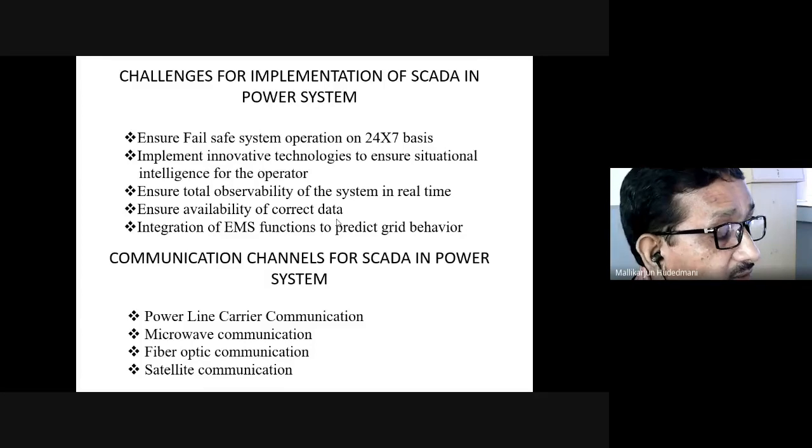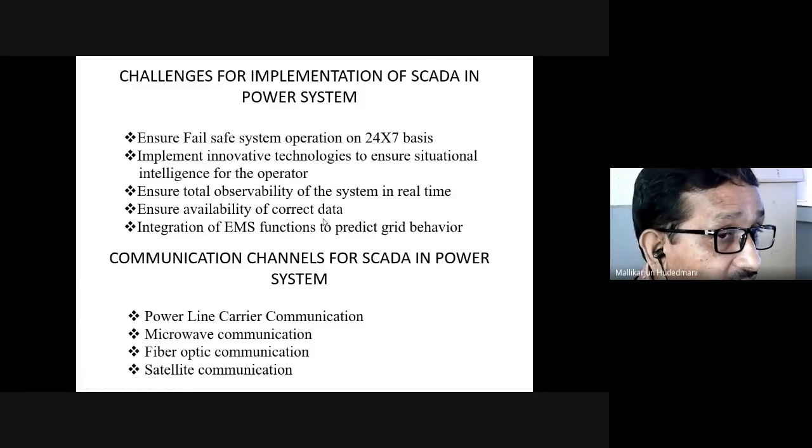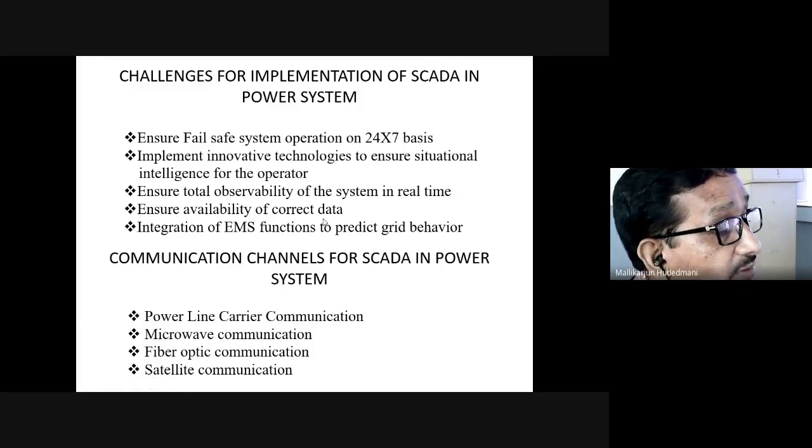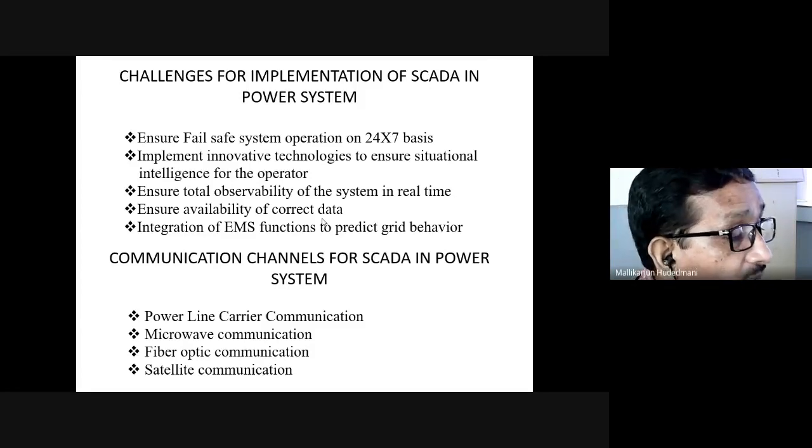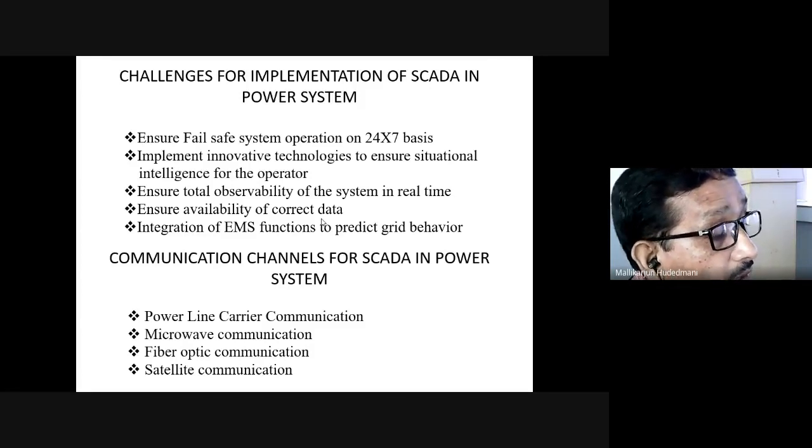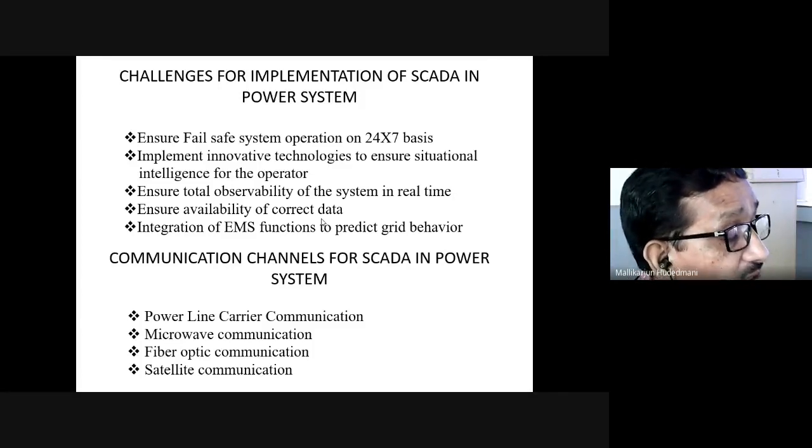If the data is erroneous, surely what we process in the energy control center will be erroneous, whose output may be out of bound, which may lead to an uncontrolled or wrong decision being initiated at the energy control center.